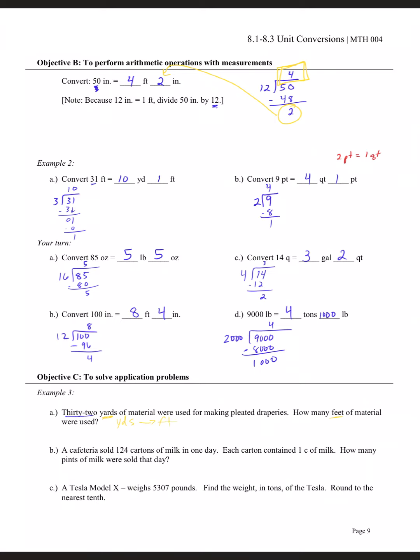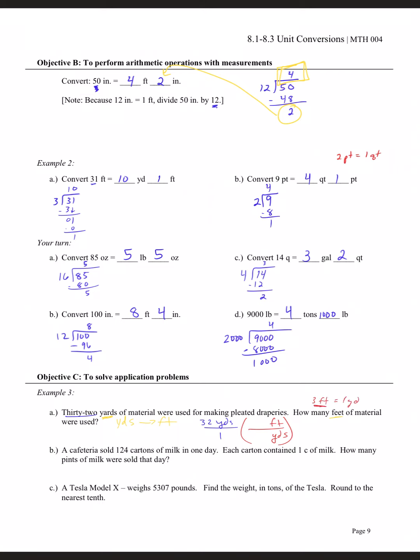Same way, we start at 32 yards, put it over 1. And we have to multiply it by a conversion rate. If yards is in the numerator, we need to put yards in the denominator. And we are going from yards to feet. Now we know that there are 3 feet to 1 yard.